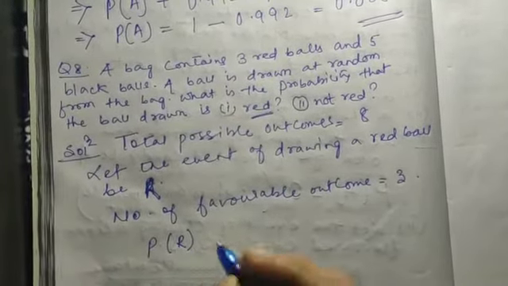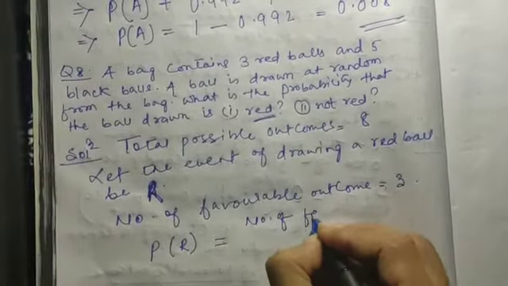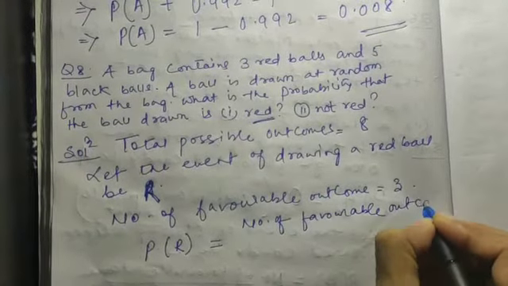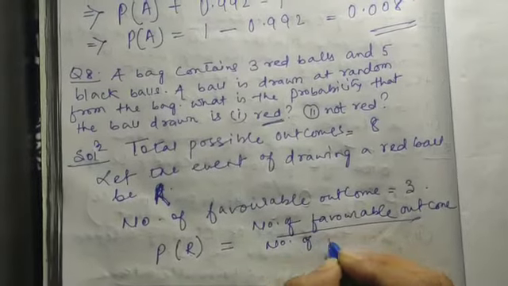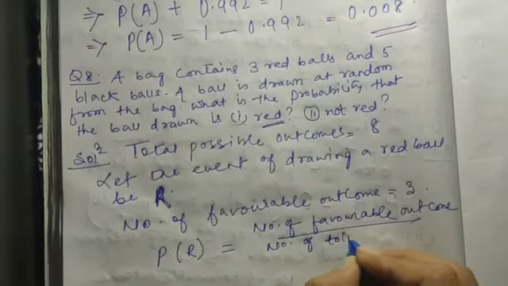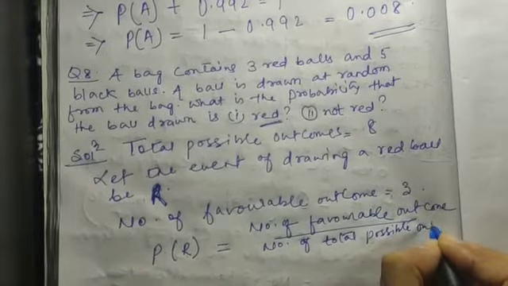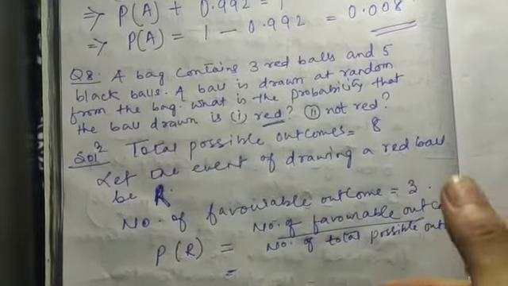So now probability of choosing or drawing a red ball. That is P(R) is equal to number of favorable outcome by number of total possible outcome. Okay, don't write the inverse of that.